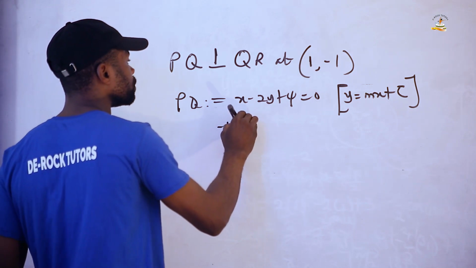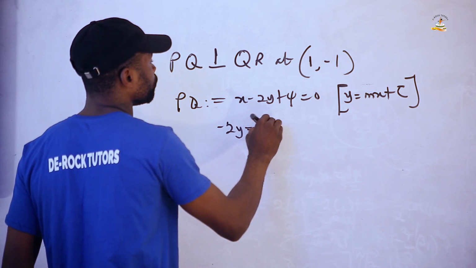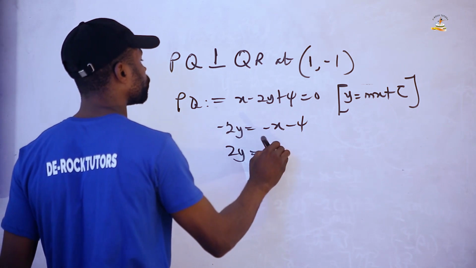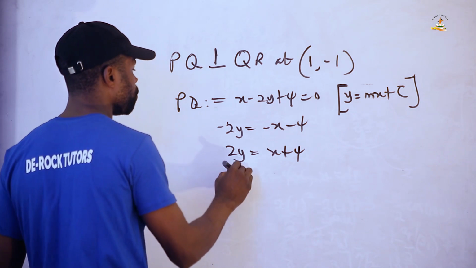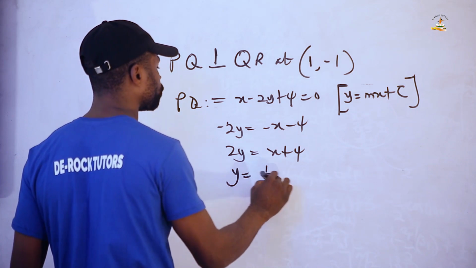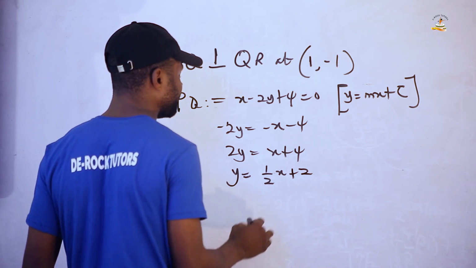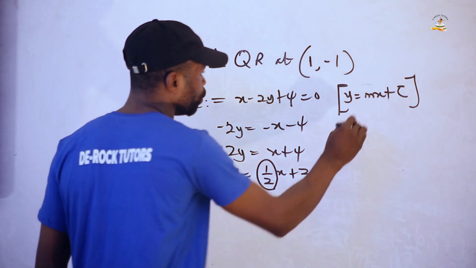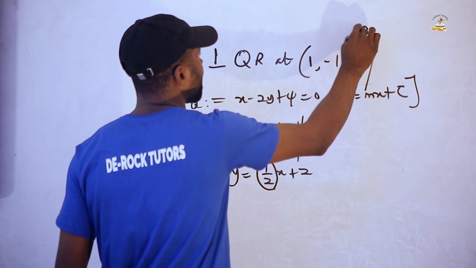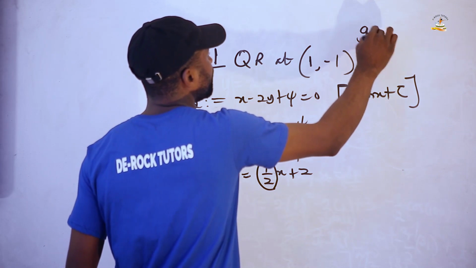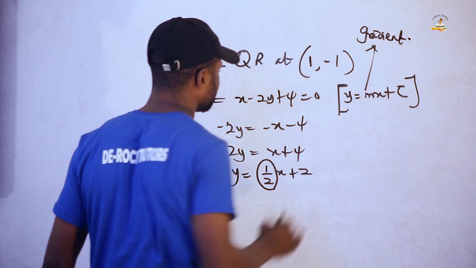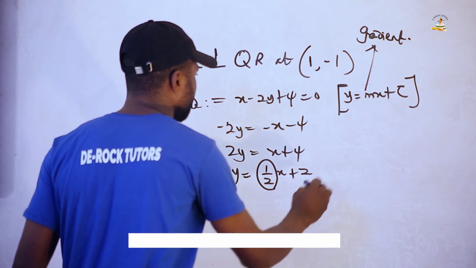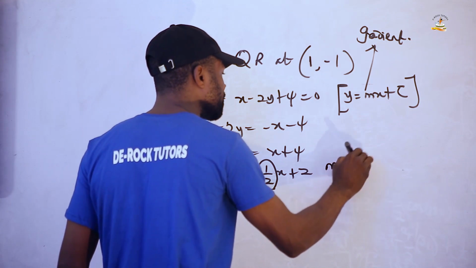Minus 2y is equal to minus x minus 4. Therefore, 2y is equal to x plus 4. y is equal to 1 over 2 x plus 2. The gradient of this particular line is 1 over 2, because m implies the gradient. Looking at this critically, you will understand that m is equal to 1 over 2.